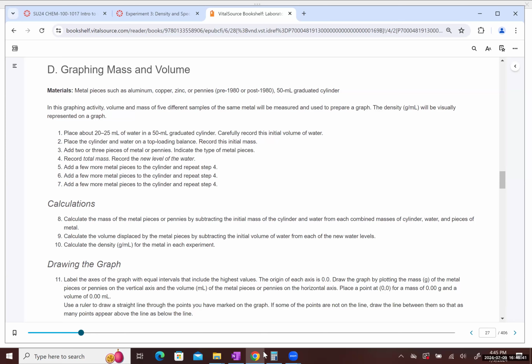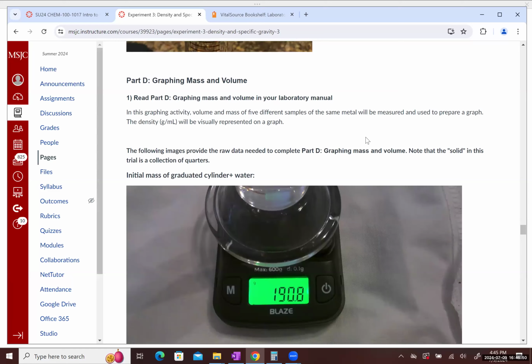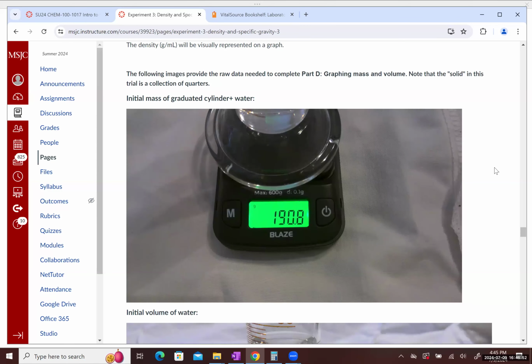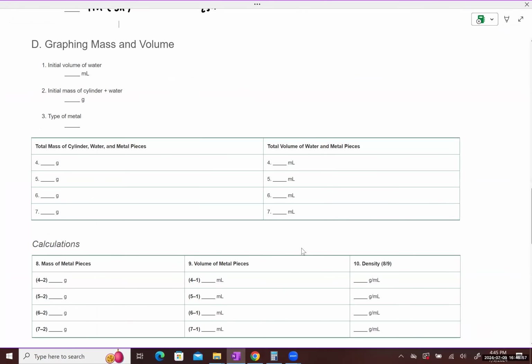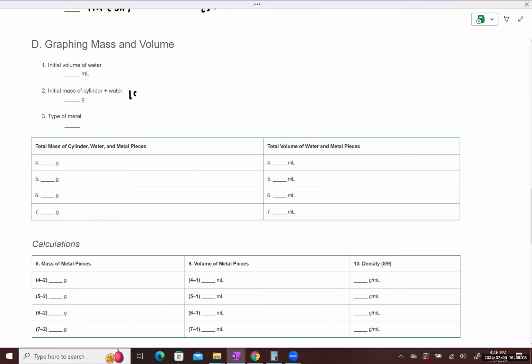Okay, so let's now take a look at the lab page and let's start collecting some data. So we have the initial mass of the graduated cylinder and water. Let's make sure we're reading this correctly, of 190.8 grams.